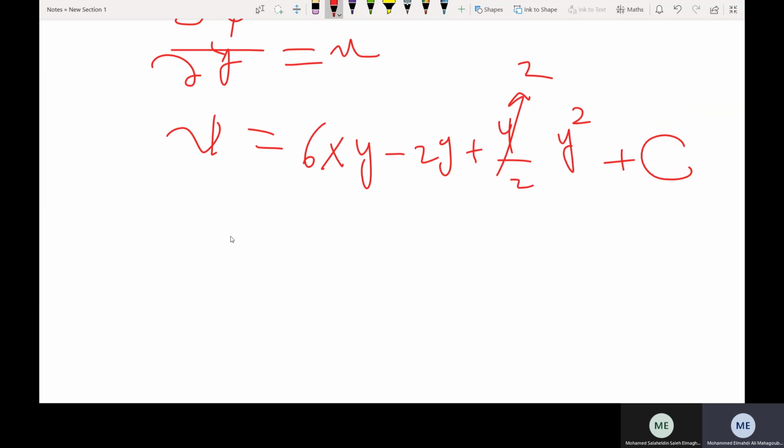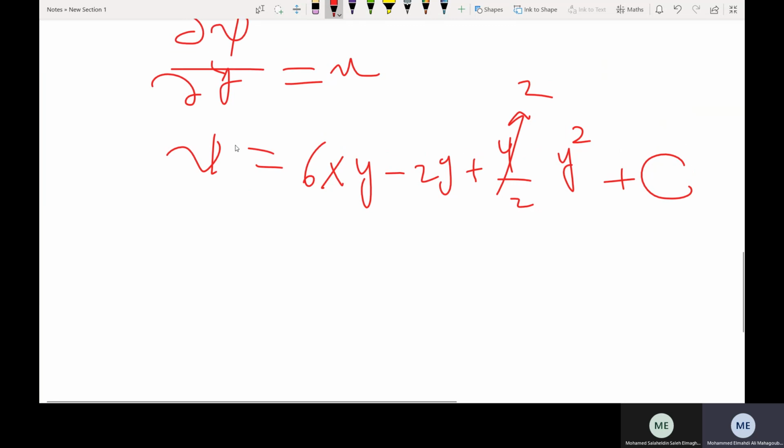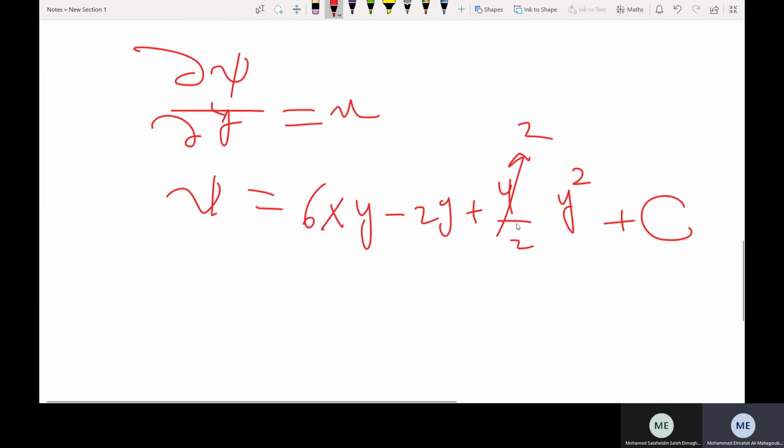So you derive it, partial psi by partial y. But this constant you should define with respect to what, because this stream function depends on both x and y.